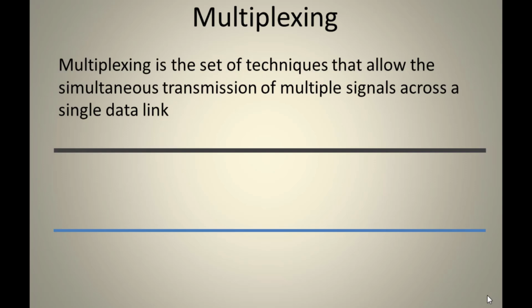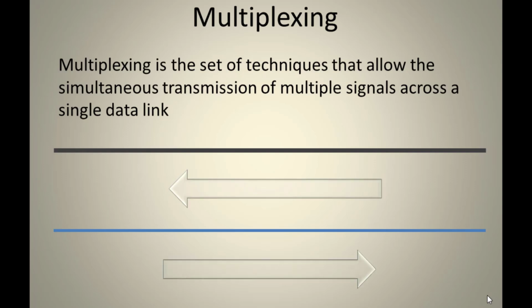To understand this, let us take an example. Suppose we have a highway having two roads, one going towards the left, the other going towards the right. At this moment, we observe one vehicle passing through each road. Although the capacity of each way is large, only one vehicle is passing.